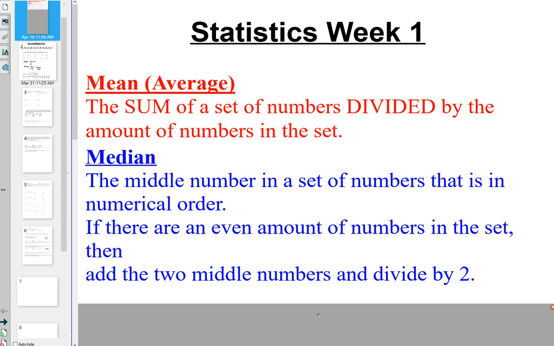See, mean asks you to add up all the numbers and divide by how many numbers there are, so that kind of tells you what the middle should be, I guess. Whereas median tells you where the middle is. In order to find median, you have to put numbers in numerical order from least to greatest and pick the one in the middle.